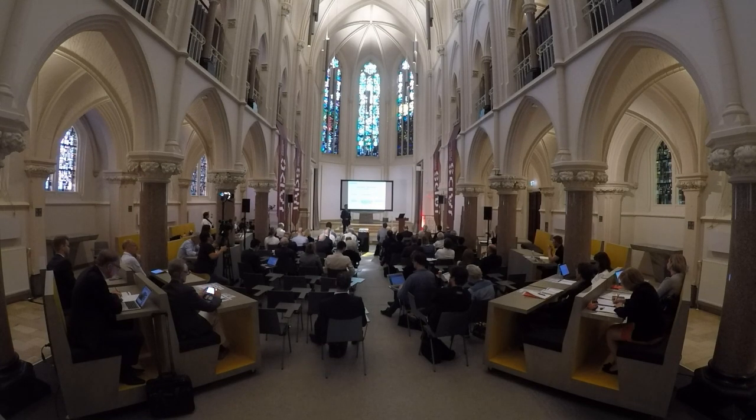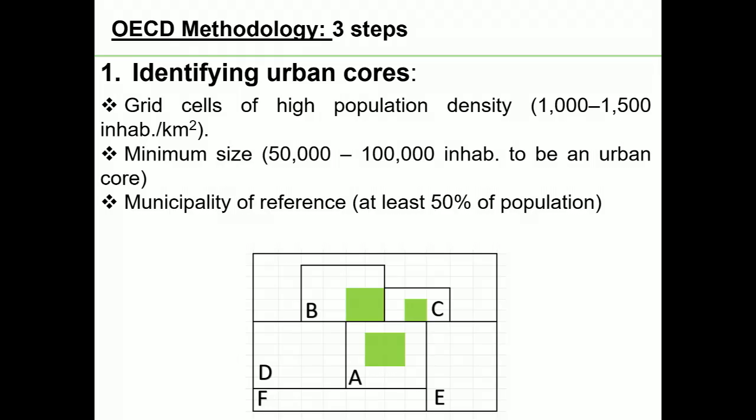We observe commuting flows, which are useful to define the real extension of a city. The OECD, together with the European Commission, has developed a standardized method to define this, what we call functional urban areas. This is based on 3 steps.